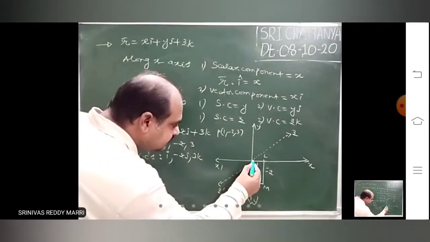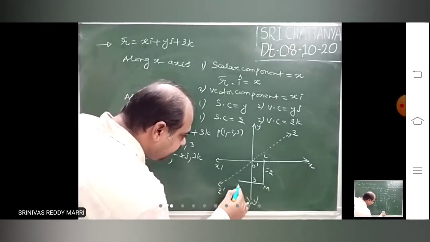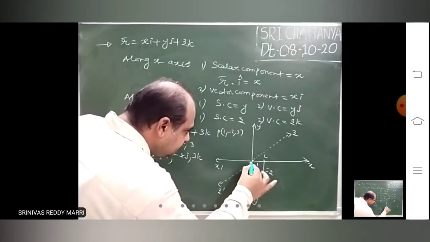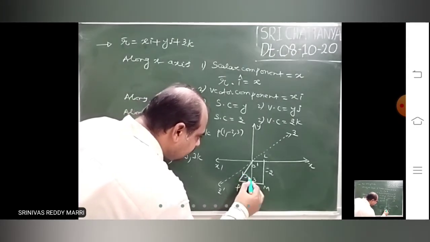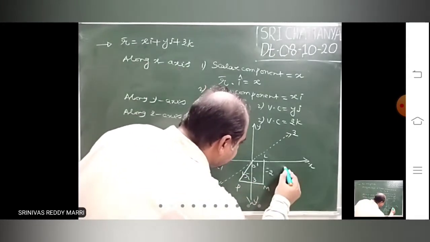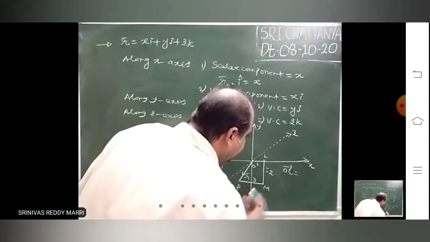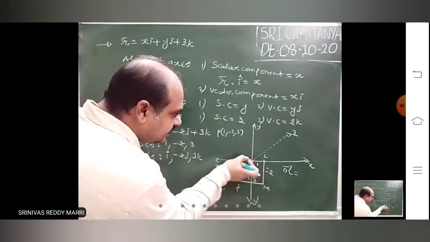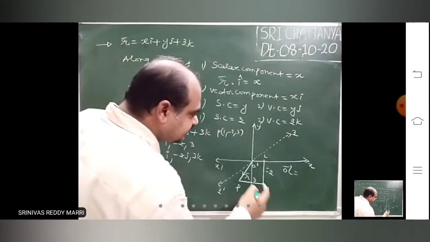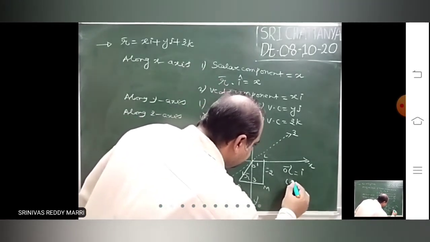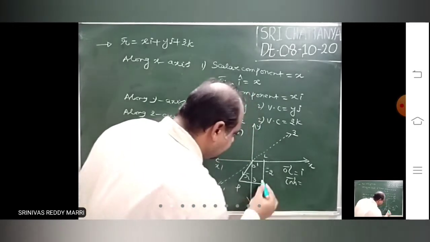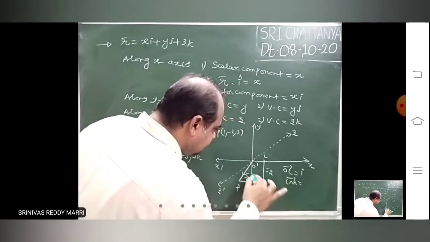So now this is O, now this is P. Now join this O to P. This is our required vector R bar. That means, look at OL bar, it is nothing but what? This is 1 unit towards the positive x-axis, means 1 into i cap. Then LM bar is there like this.